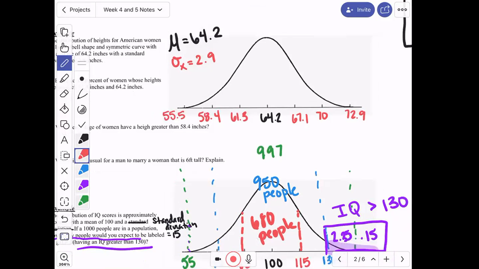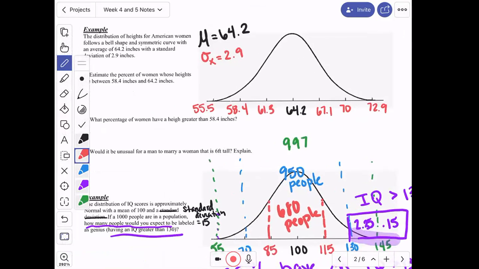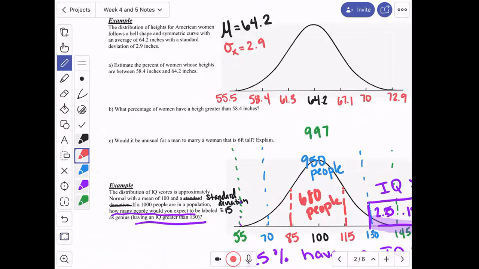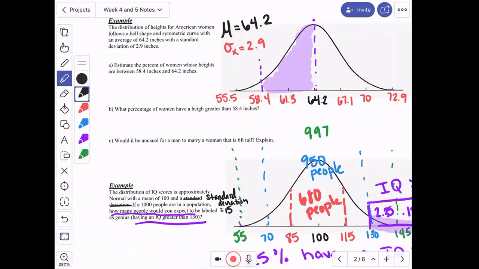Once I have the curve set, I can answer these questions. It says, estimate the percent of women whose heights are between 58.4 inches and 64.2 inches. So 58.4 inches is here, and 64.2 inches is here. I want to find the percentage of people inside of here.